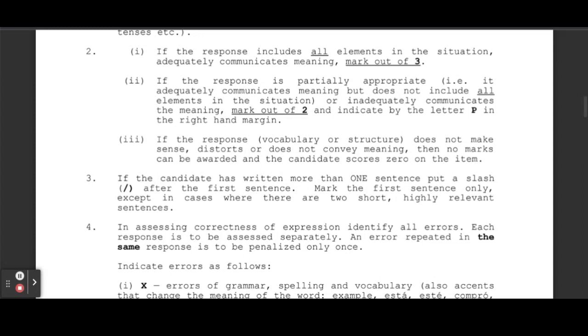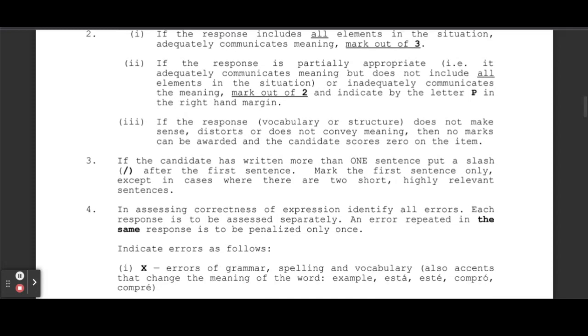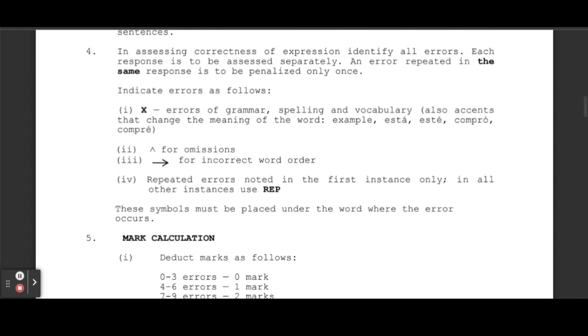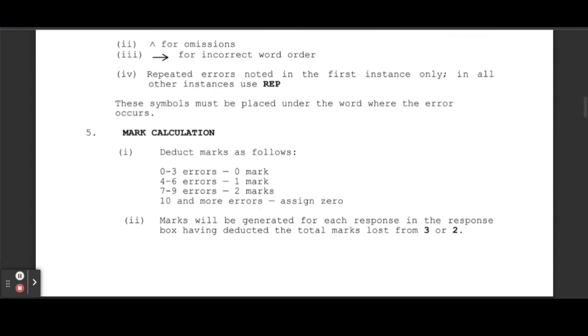And some of you are like, Miss, I've gotten 1 in that. Let me show you how they get 1s. This section actually takes away marks, right? You actually get marks deducted if you have way too many errors. So 0 to 3 errors, you won't get marks deducted.